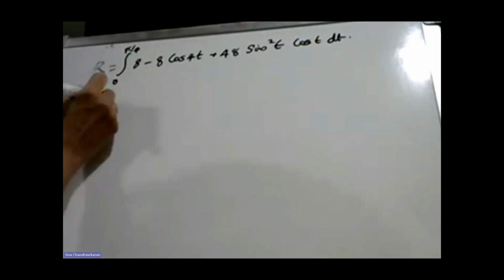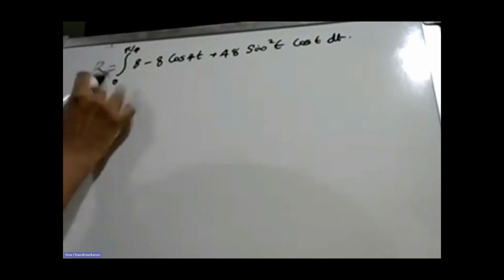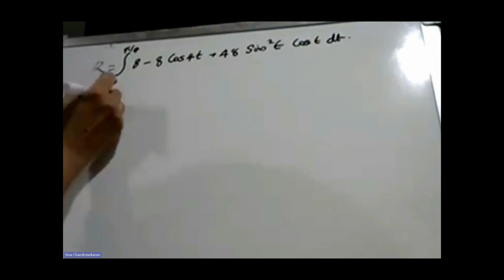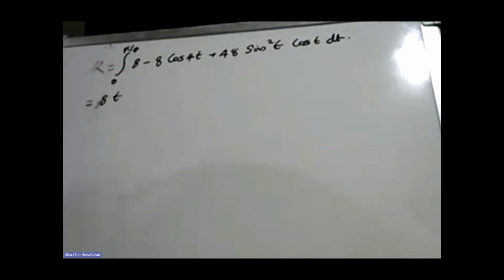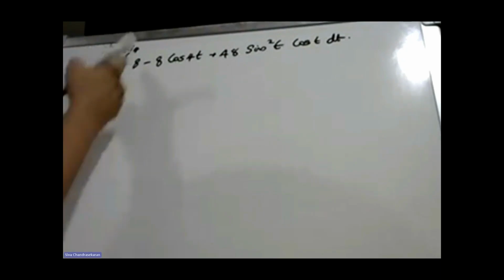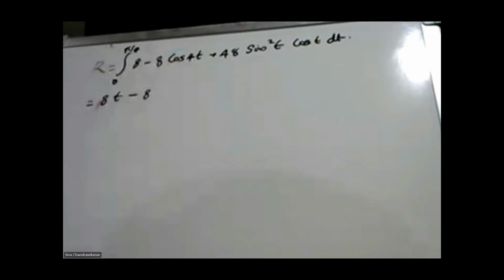When I integrate, this is 8t, since the integral of 8 dt is equal to 8t, minus 8 times the integral of cos 4t.